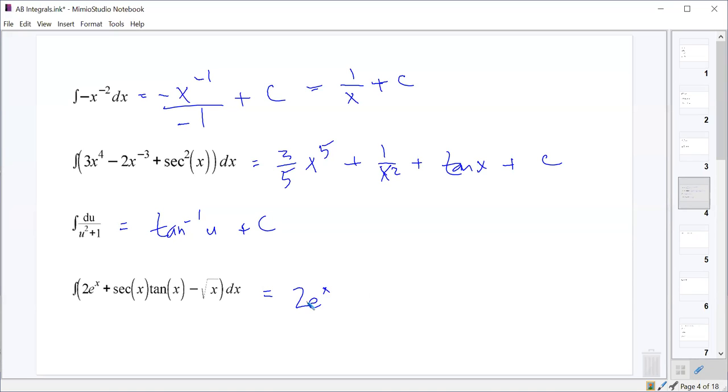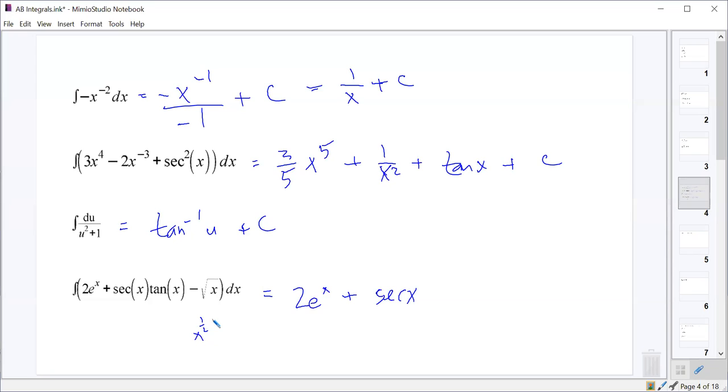Yeah. All right. What about secant x tangent x? Just secant x. Should just be secant x. Okay, and then what about the minus root x. That's an x to the 1/2, right? So what does that become?